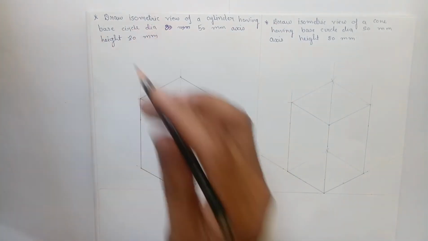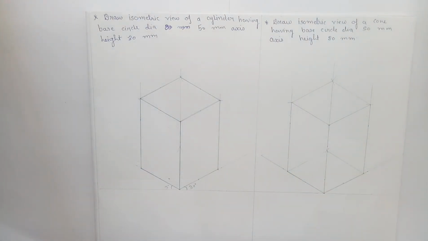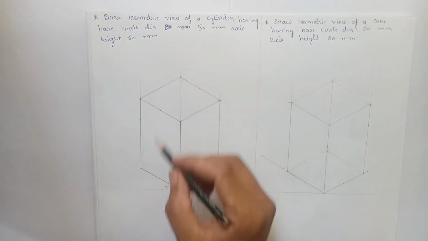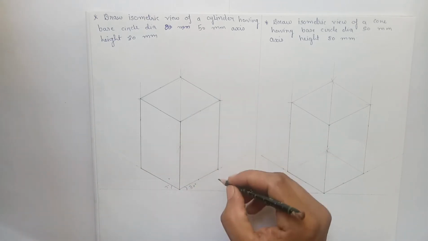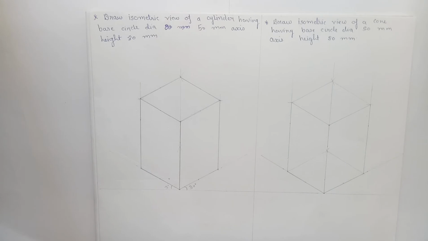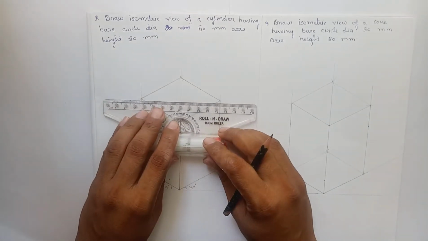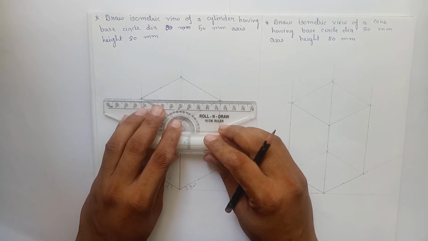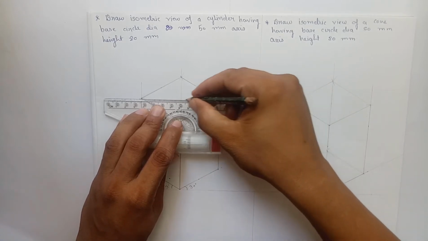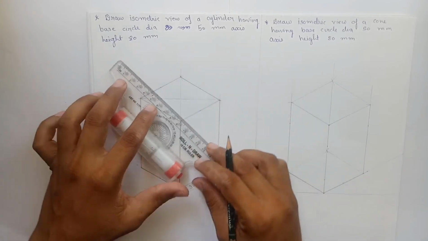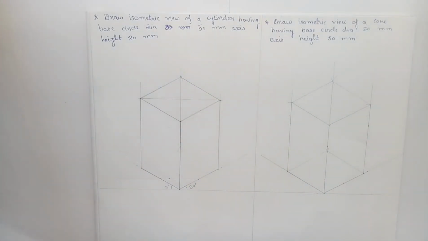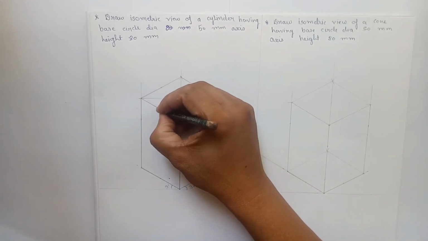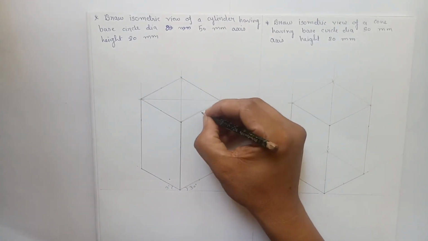So here we want to draw the isometric view of the cylinder. For that, first of all we have drawn the square prism having base length 50 mm, axis height 80 mm. Now follow the method to draw the circle over here. First of all draw the diagonals of this top surface, then find the midpoints. These are the midpoints that we have already marked.